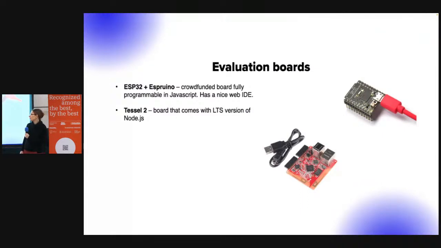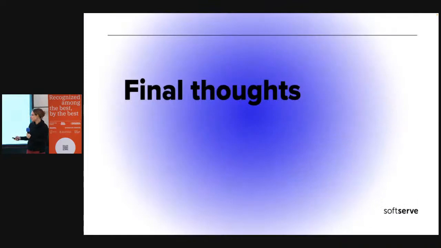There's ESP32, and several versions of this board were fully crowdfunded. Nice board with an extension in JavaScript. It has a cool web IDE. And there's also a Tessel 2 board, which is a bit bigger. Last slide. And it comes with some long-term support version of Node.js.